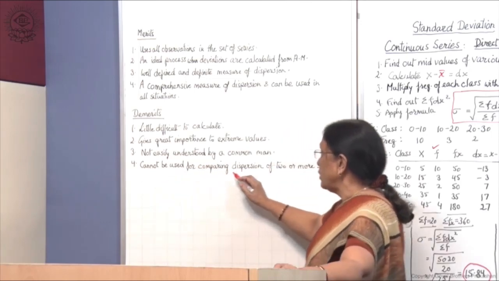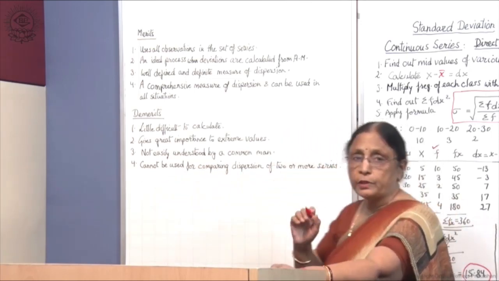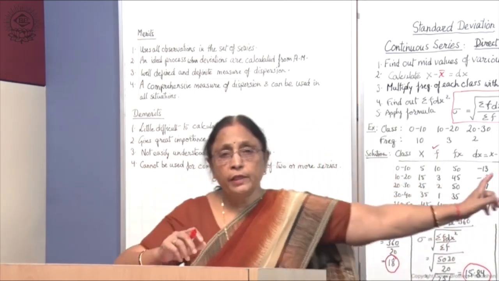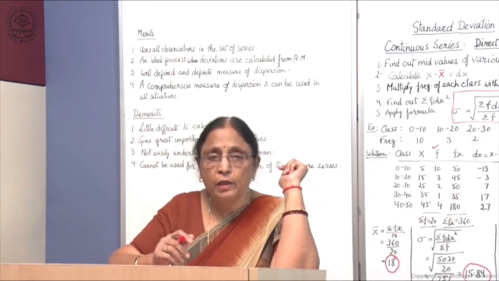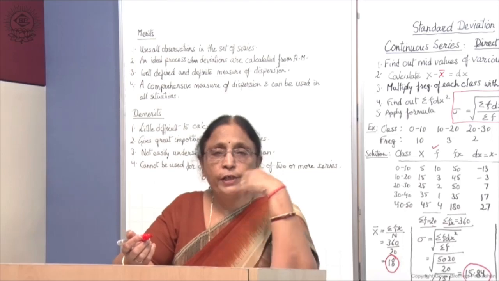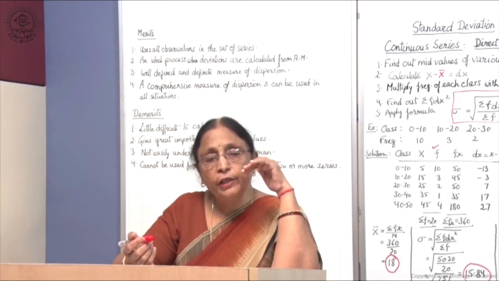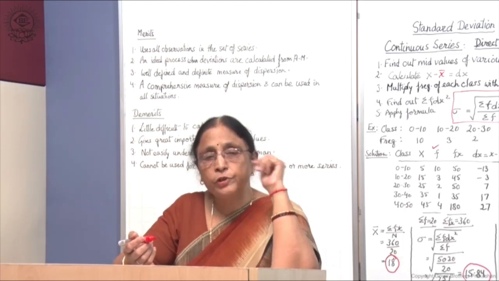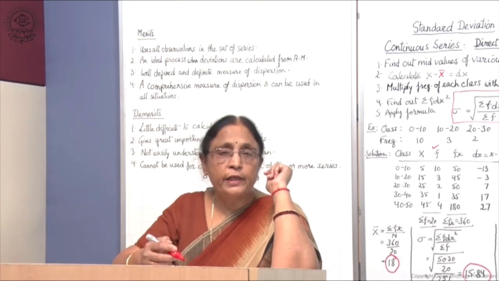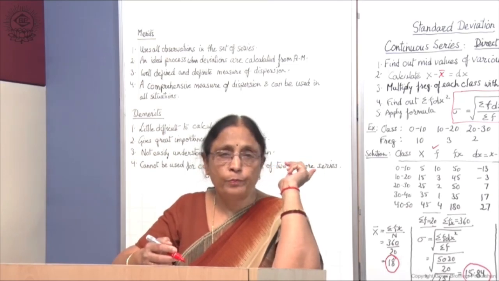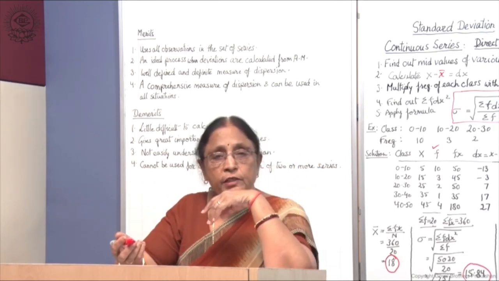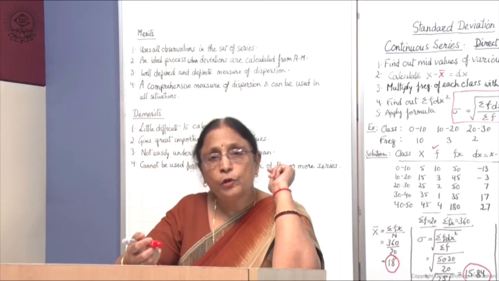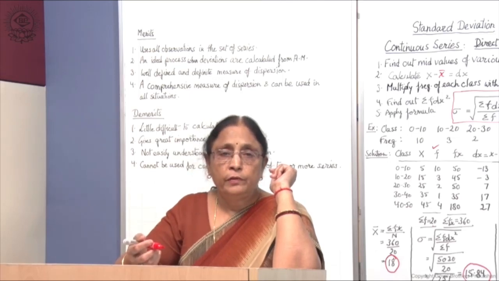Fourth, cannot be used for comparing dispersion of two or more series. Now here we are taking the example of one series only, one type of data is given, then you have calculated standard deviation. Now if two or more series are given, then this method is not proper. For that we have another measure of dispersion that you will be learning next, the Lorenz curve, right.